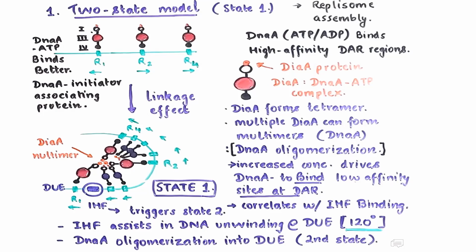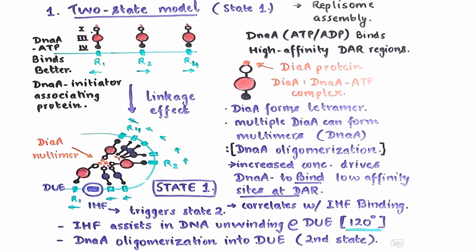This mechanism of DNA A association is probably concentration driven, and this binding of DNA A complex at the DAR also correlates with the binding of IHF at the IHF recruiting sequence near region 1. And this completes state 1 of the two-state model.